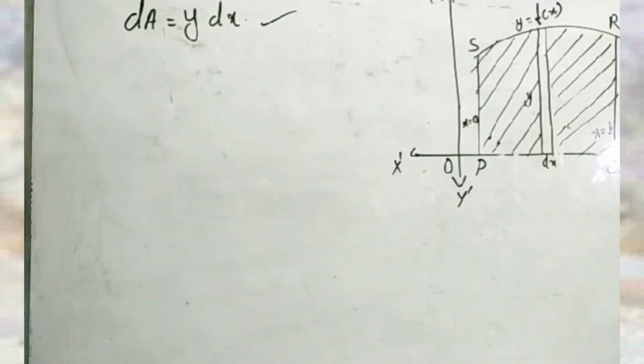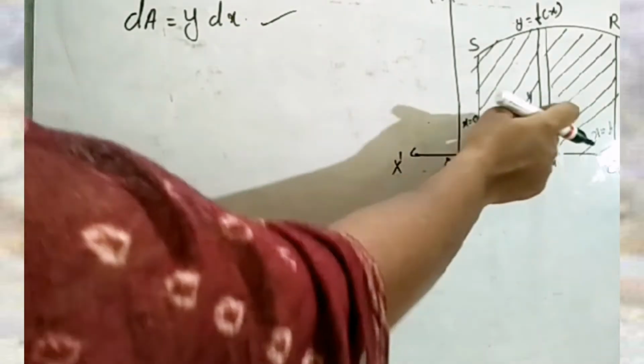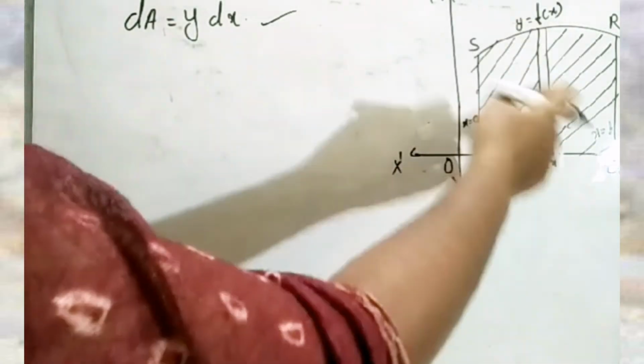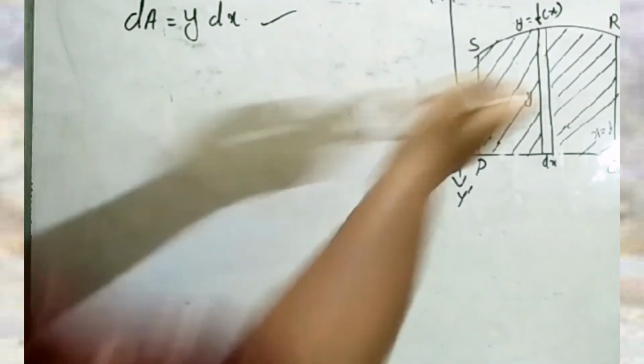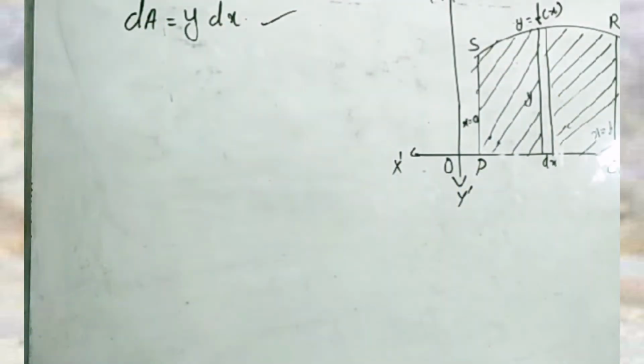The area of a rectangle is length into breadth, and here I am going to consider one arbitrary strip with length y and breadth dx. Then the area dA is equal to y into dx, and this area is called the elementary area.